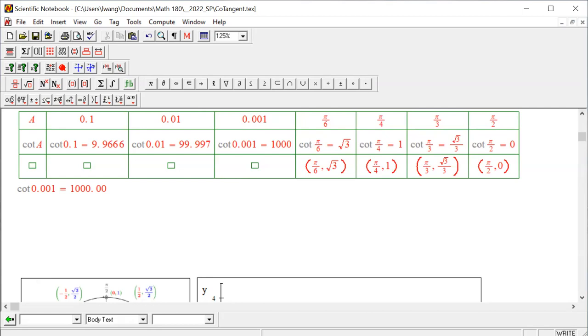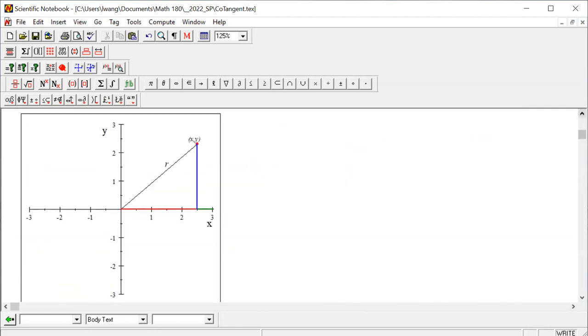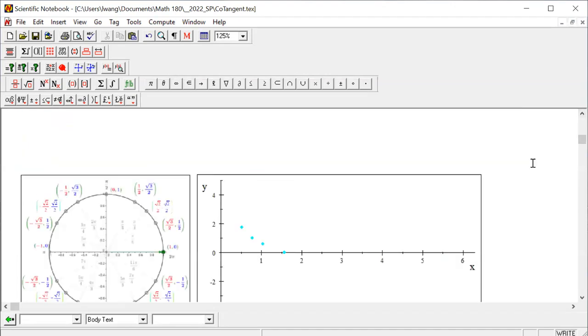So what will be our educated guess? As we're getting closer and closer to 0 from larger than 0, the cotangent ratio is going to get higher and higher and higher.